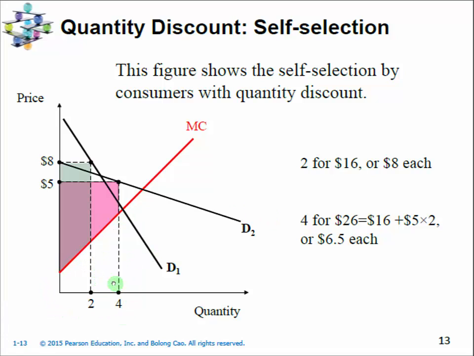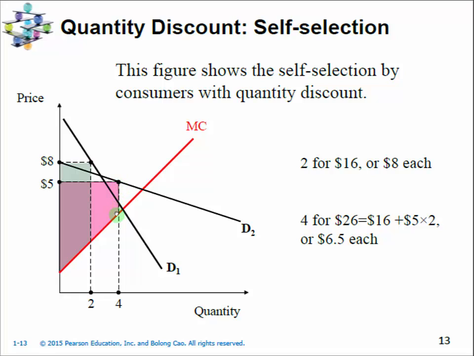In this example, the larger package size increased the sales of the firm with market power, and also the profit. Here we can see that the willingness to pay on the 4th unit is still higher than the marginal cost.